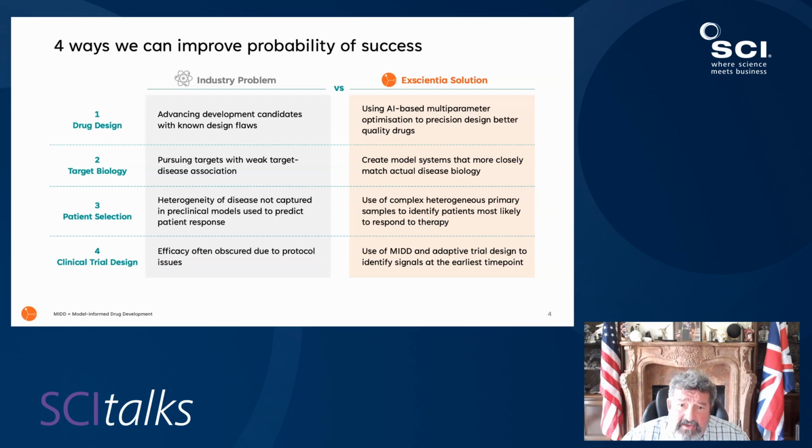There are 4 ways that we can improve the probability of success. And as a little bit of background to this, as I'm sure many of you know, a lot of that 2.3 billion cost per drug is on funding failures. So many drug targets don't deliver attractive drug-like leads. You know, there's this concept of druggability or tractability.